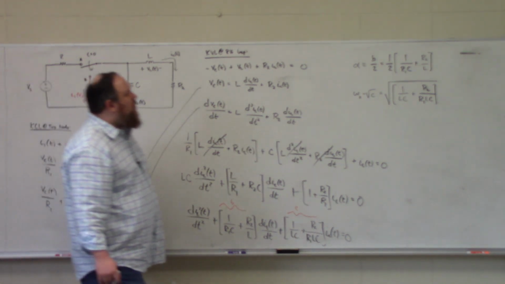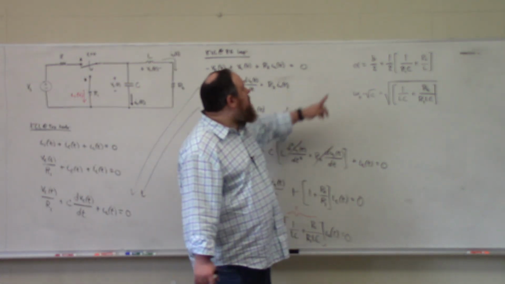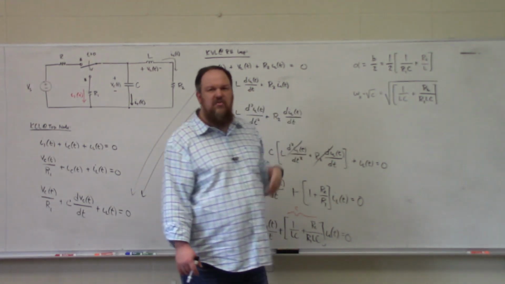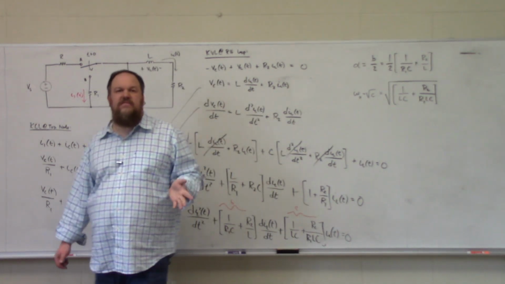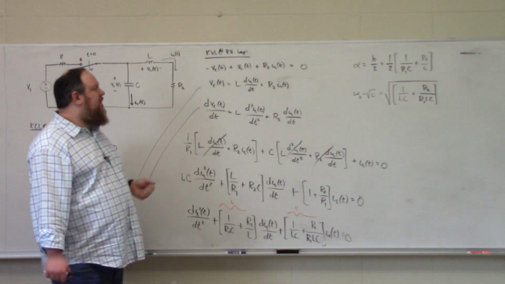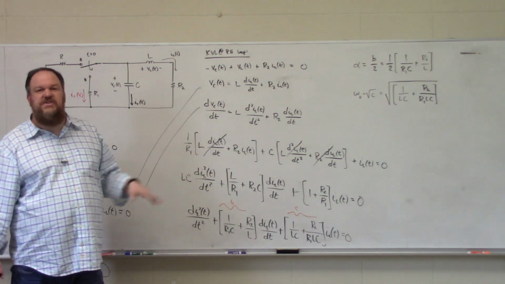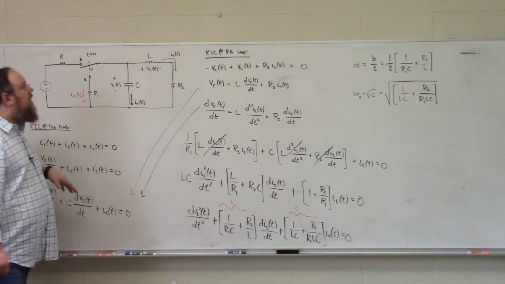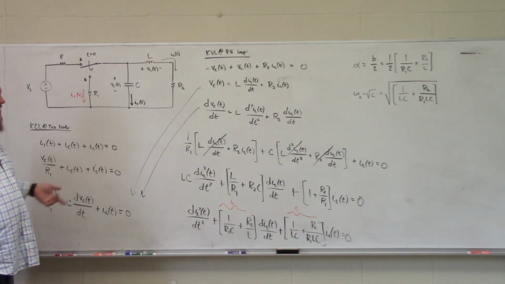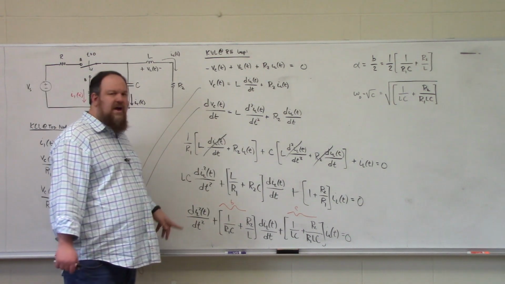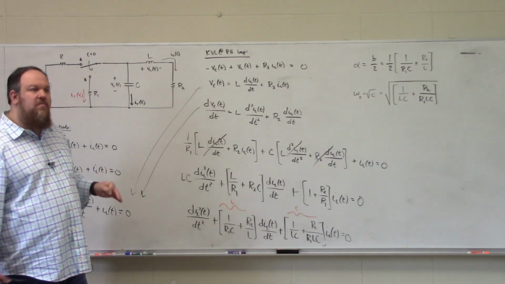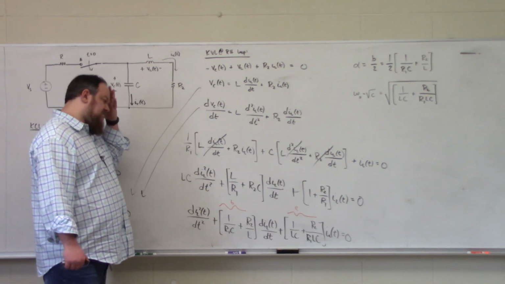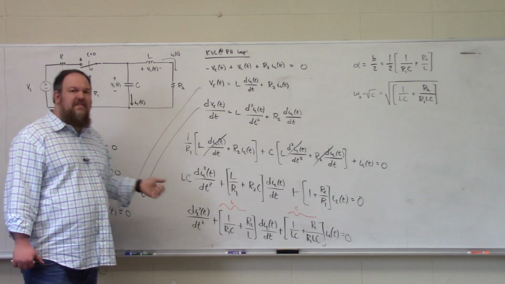And from this point on, if I had numbers, I could calculate alpha, calculate omega naught, and then see whether this was critically damped, overdamped, or underdamped, and then approach it just like any other problem. The hardest part of these is developing your second order differential equation and getting it in the right form. And really the only hard part about that is just making sure not to make simple math mistakes.